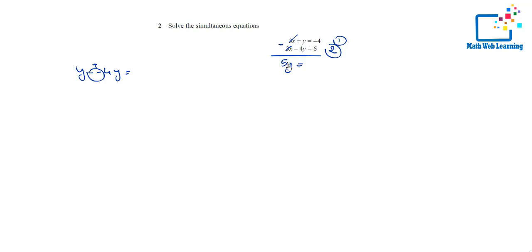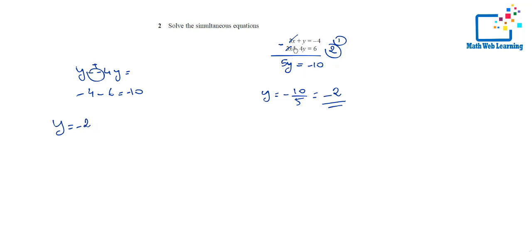And on the right hand side of the equal sign we have minus 4 minus 6, that will give us minus 10. So basically you can see y is equal to minus 10 over 5, which gives you minus 2. That is your first solution. Let's write it down here, y equals minus 2.